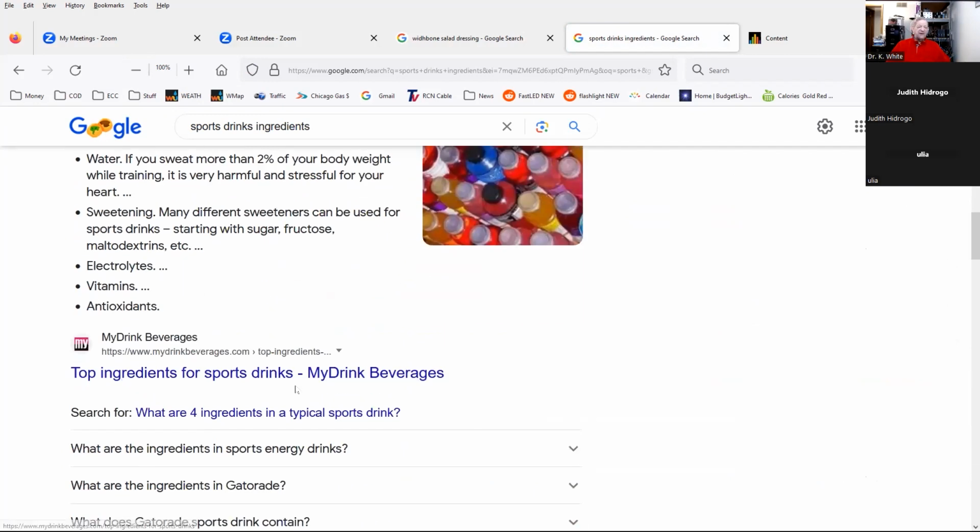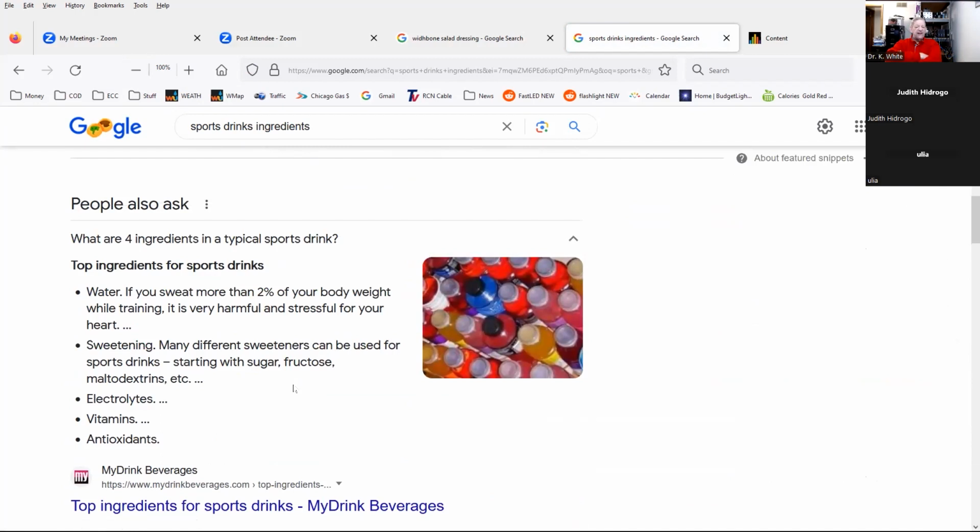Let's try one other. And if you look here, what are the 4 ingredients typical in sport drinks? Well, they have electrolytes right here. First of all, it's water. Then to make it taste good, they load it up with sugar or other types of sweeteners like fructose, which is, I'll teach you, part of sugar also, or a type of sugar, and electrolytes and other stuff.